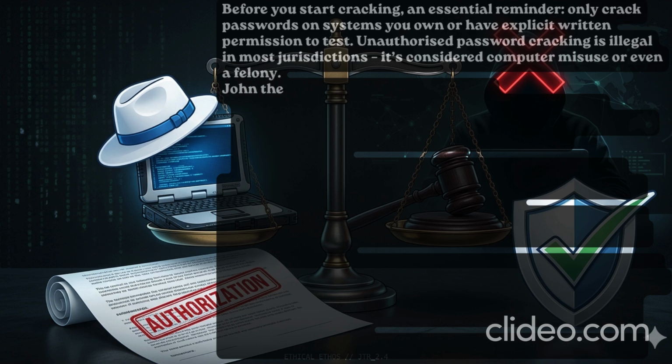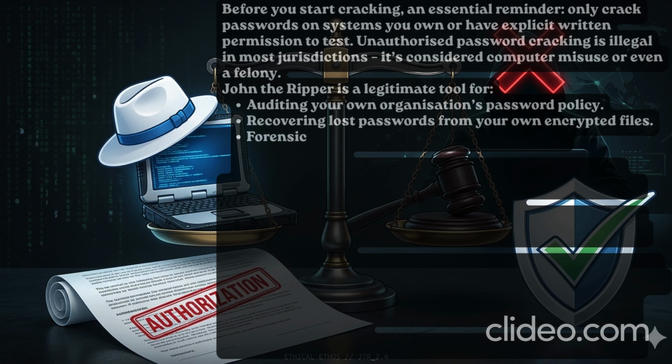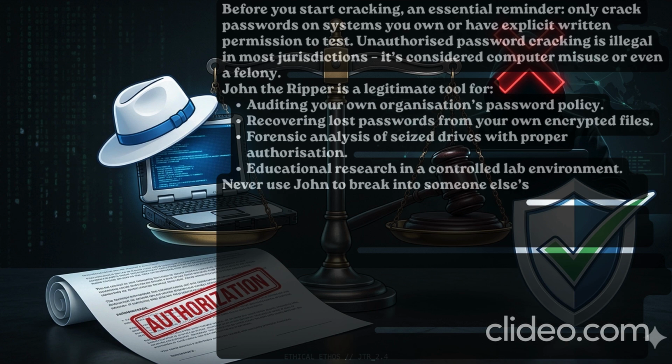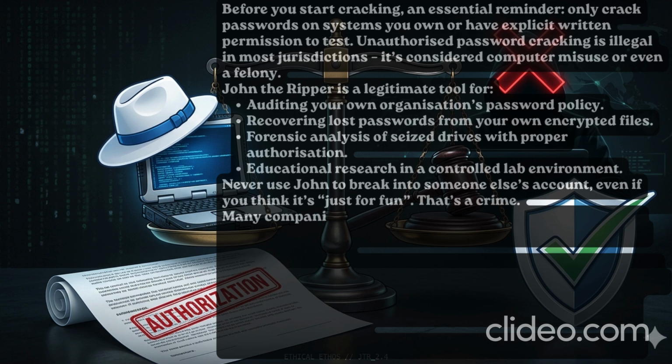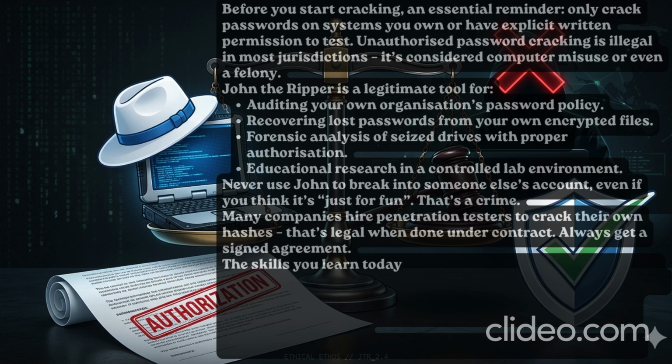John the Ripper is a legitimate tool for auditing your own organization's password policy, recovering lost passwords from your accounts or encrypted files, forensic analysis of seized drives with proper authorization, and educational research in a controlled lab environment. Never use John to break into someone else's account, even if you think it's just for fun. That's a crime. Many companies hire penetration testers to crack their own hashes. That's legal when done under contract. Always get a signed agreement.